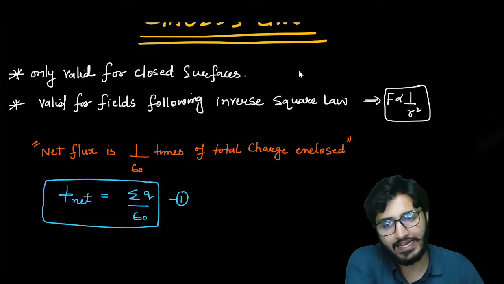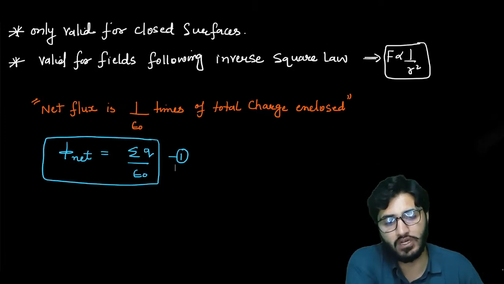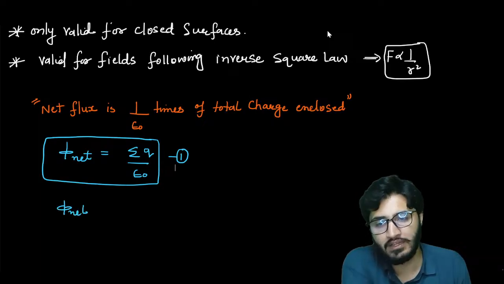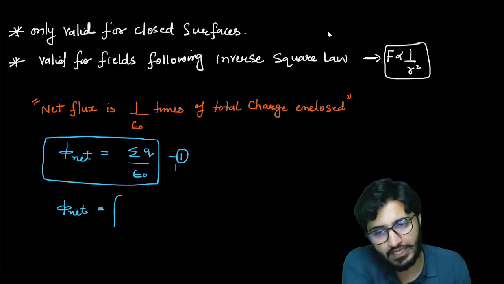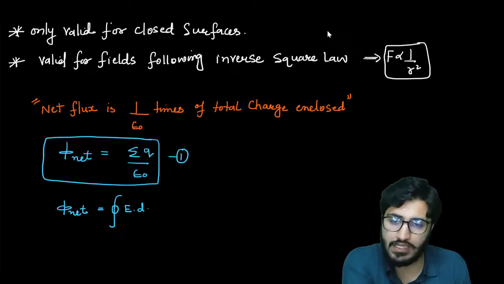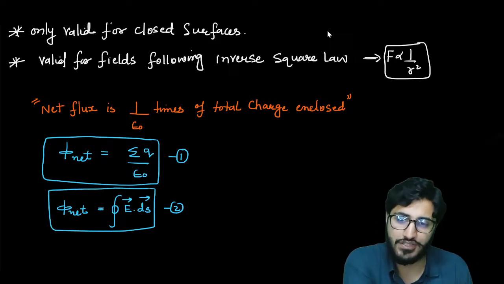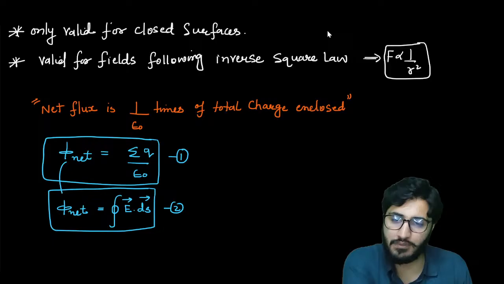I can write it in a different way also. How, sir? Phi net is equal to the integration of E dot ds. Yes, sir, we have done this one. If we have any non-uniform electric field, we know it. Now merge these two. Left hand side is the same.